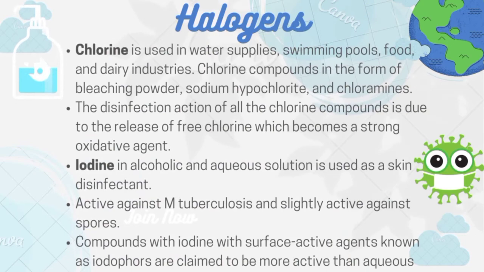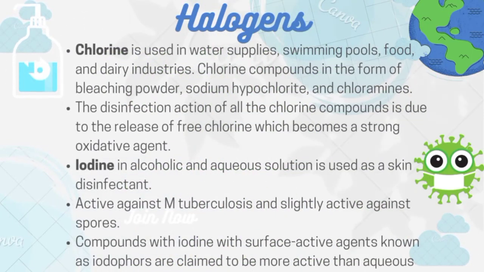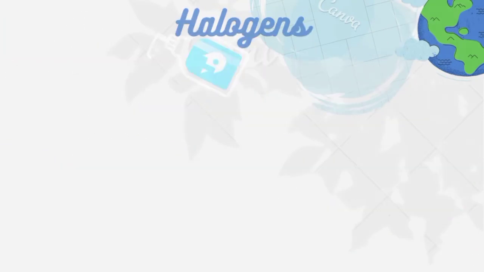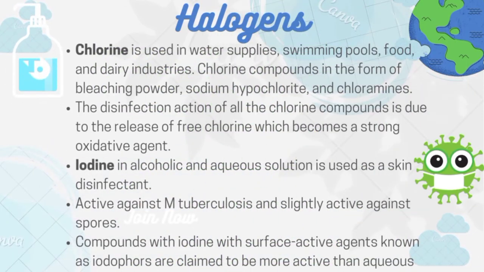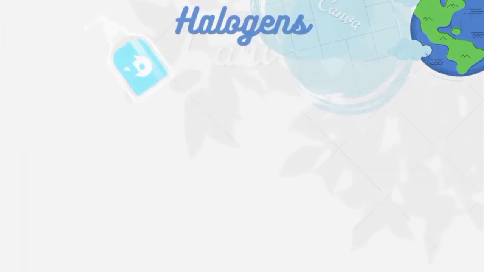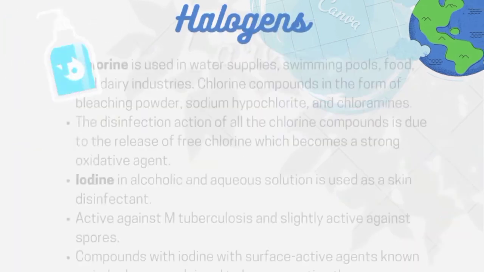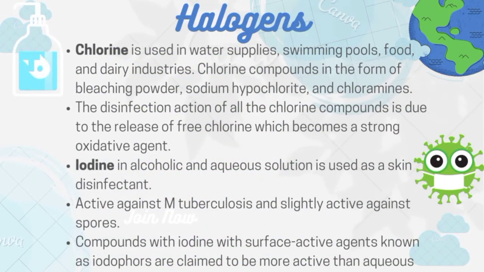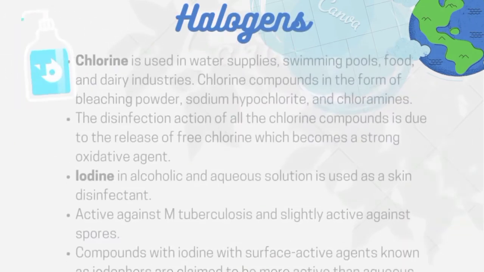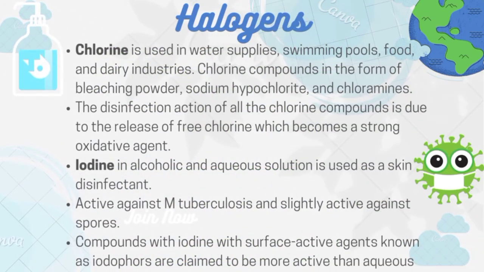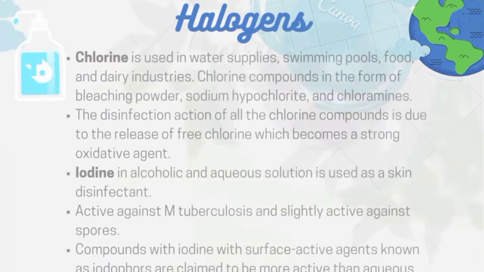Halogens. So the next one is halogens. The first example of halogens is chlorine, which is used in water supply, swimming pools, and the food and dairy industries. Chlorine compounds come in the form of bleaching powder, sodium hypochlorite, and also chloramines. The disinfecting action of all chlorine compounds is due to the release of free chlorine, which becomes a strong oxidative agent.